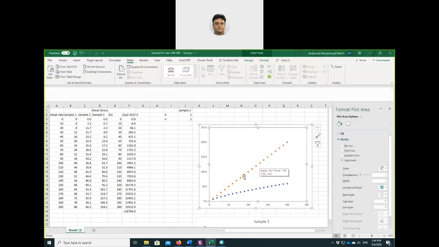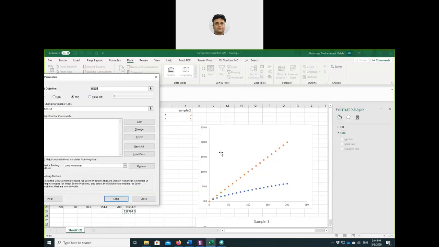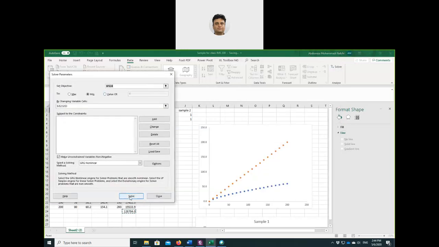I want to fit this one. When we are going to fit using the Solver, because I didn't change anything, you can see what will happen when I press solve.